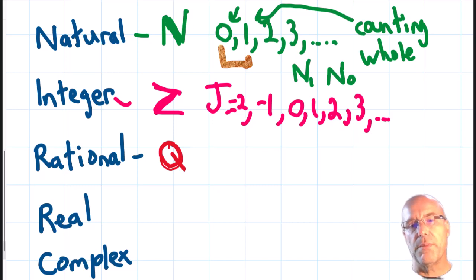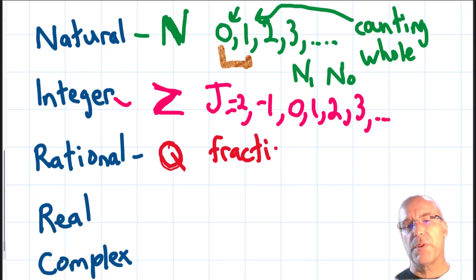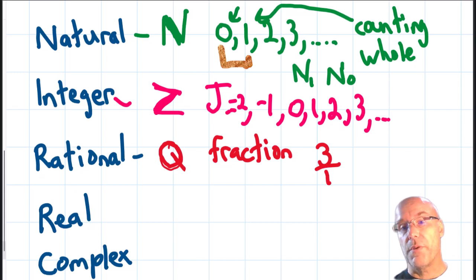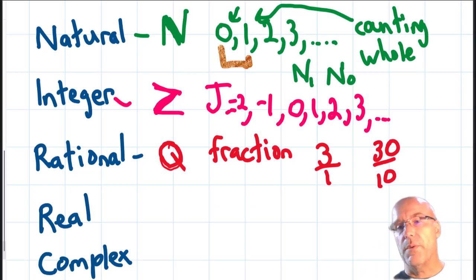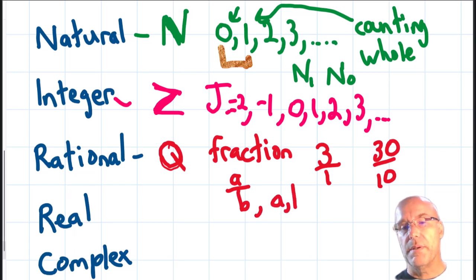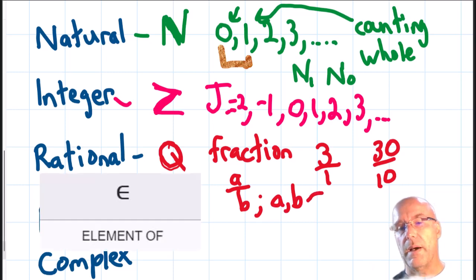The symbol Q pertains to rational numbers. Rational numbers are numbers that can be expressed as a fraction, even though they may not look like they're expressed as a fraction. They can be like 3. 3 can be 3 on 1. 3 can be 30 on 10. It can be many, many things, but 3, or its equivalent, can be expressed as a fraction where we have A over B, and A and B are themselves integers.